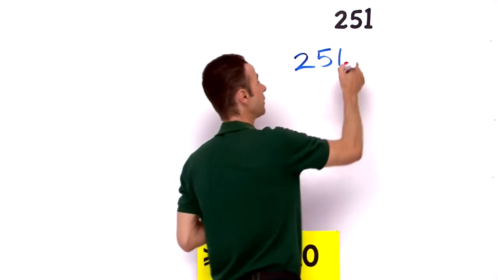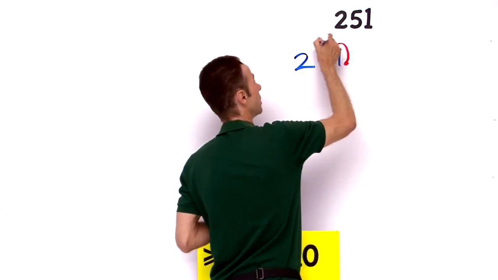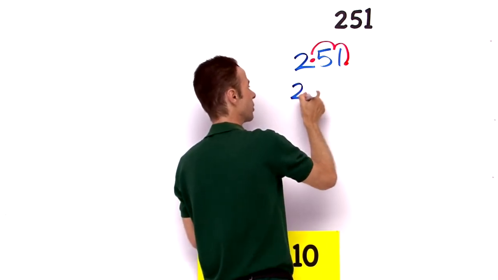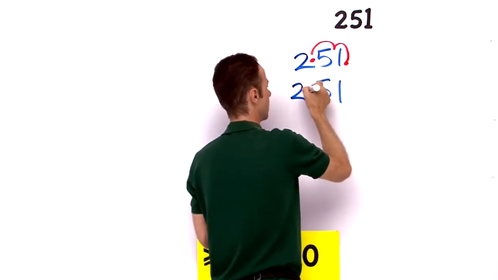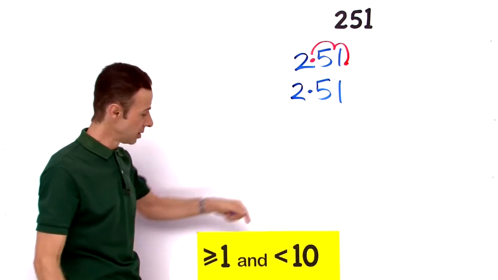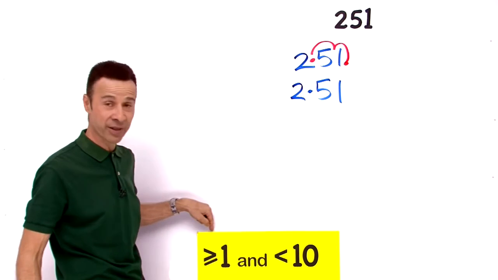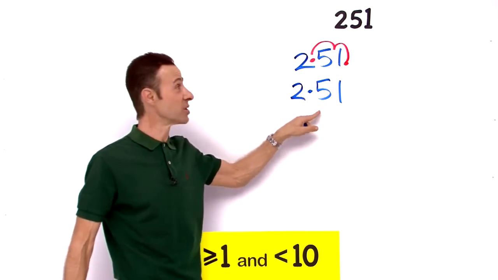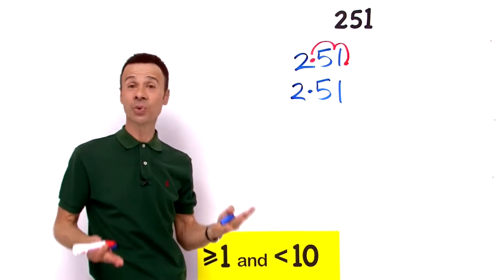So I'm going to move it to the left. 1, 2. So the new decimal place goes there. So essentially the number is now 2.51. Is it less than 10 and greater than or equal to 1? Yes, it is.